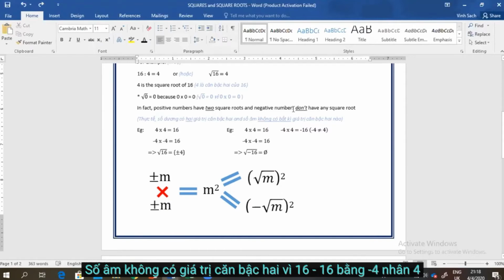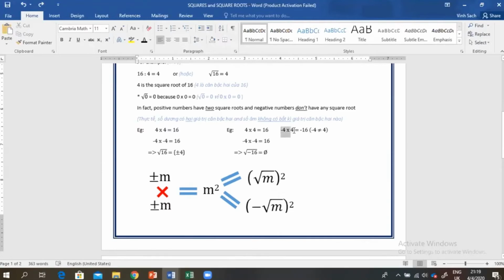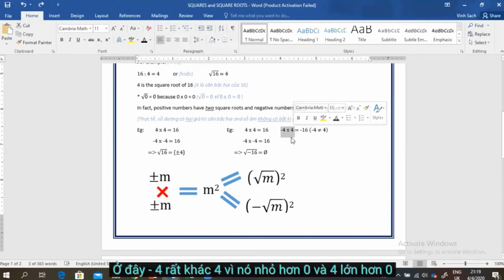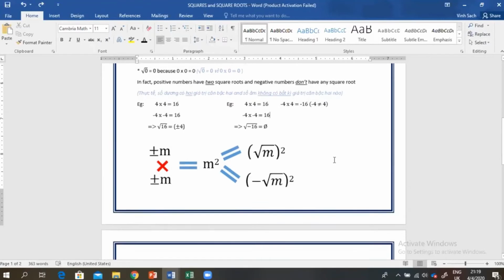And why don't negative numbers have any square root? Just because 16 is equal to -4 multiplied by -4, and -4 is very different from 4, as -4 is smaller than 0 and 4 is higher than 0.